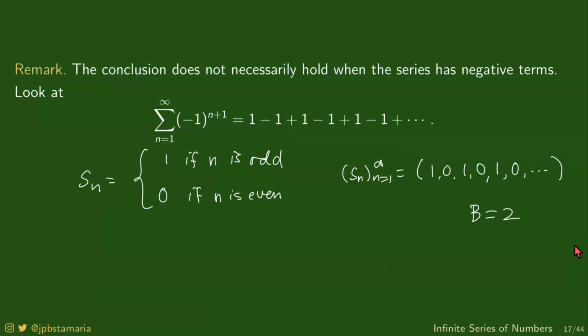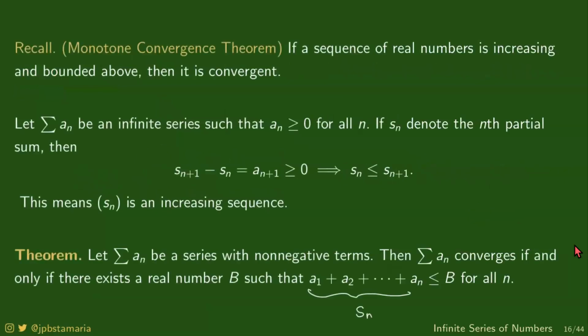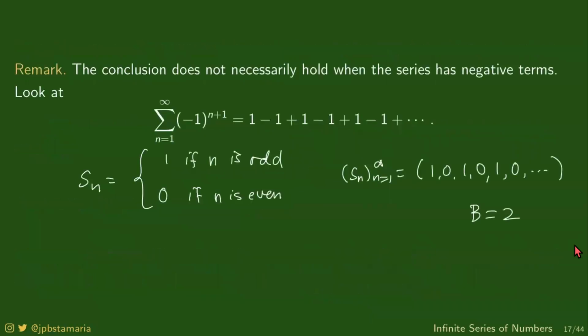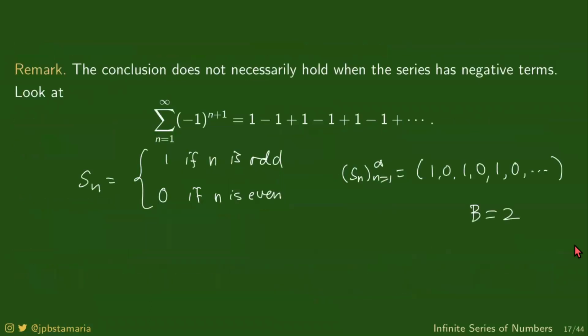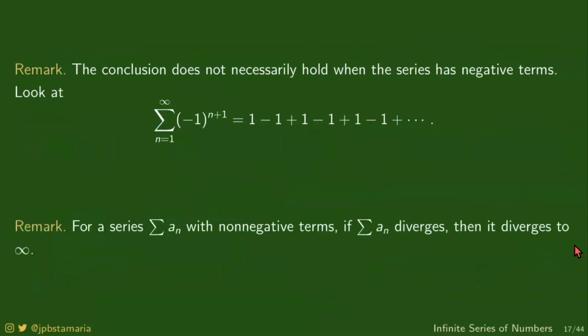Kasi first of all, hindi nag-a-apply yung previous theorem kasi yung series na ito ay may negative na term. So nag-a-apply lamang itong theorem na ito only for series with non-negative terms. Kaya nga magpa-follow na kapag ang infinite series ay may non-negative terms, dalawa lang ang pwedeng mangyari.